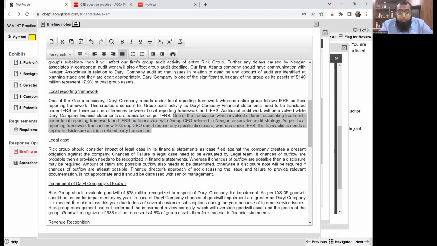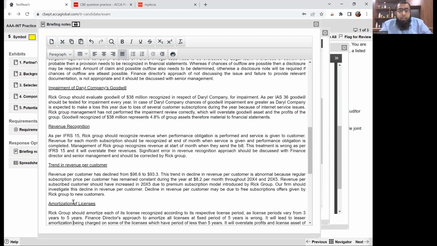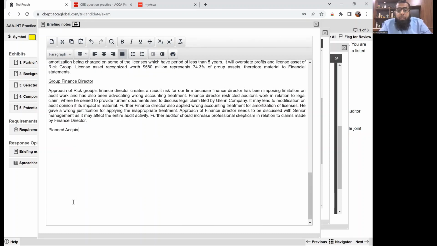Okay, so if you look at it here, the planned acquisition of Mekong Company in October 20x5 will be a subsequent period transaction for the year end of 30th September 20x5.